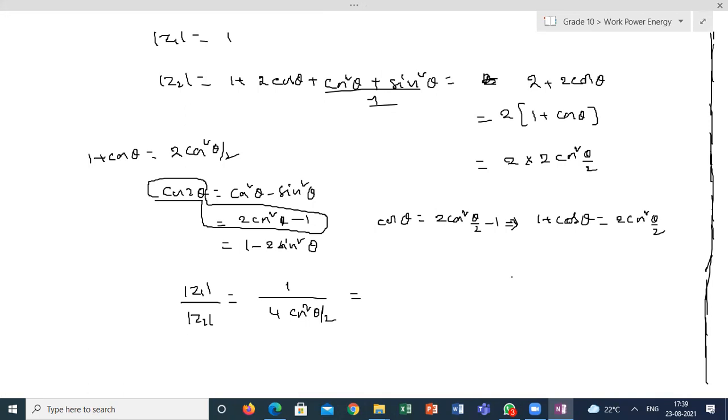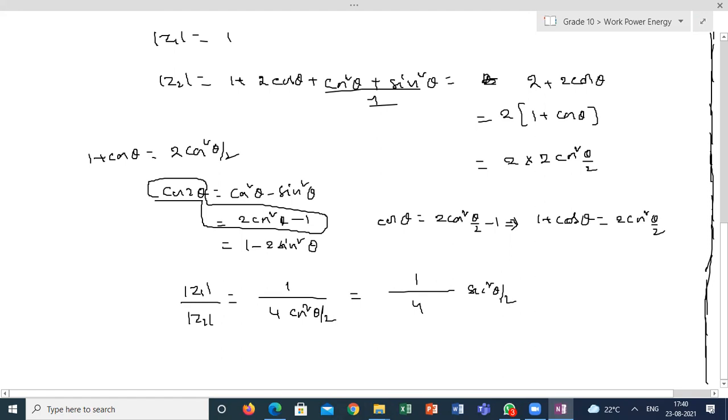Yes, then I can get secant square theta by 2.